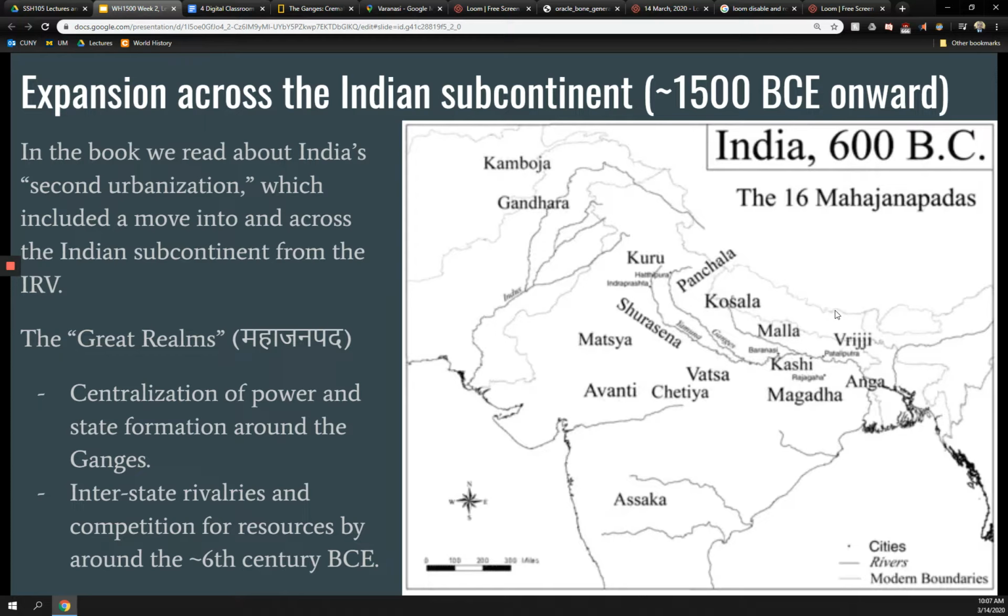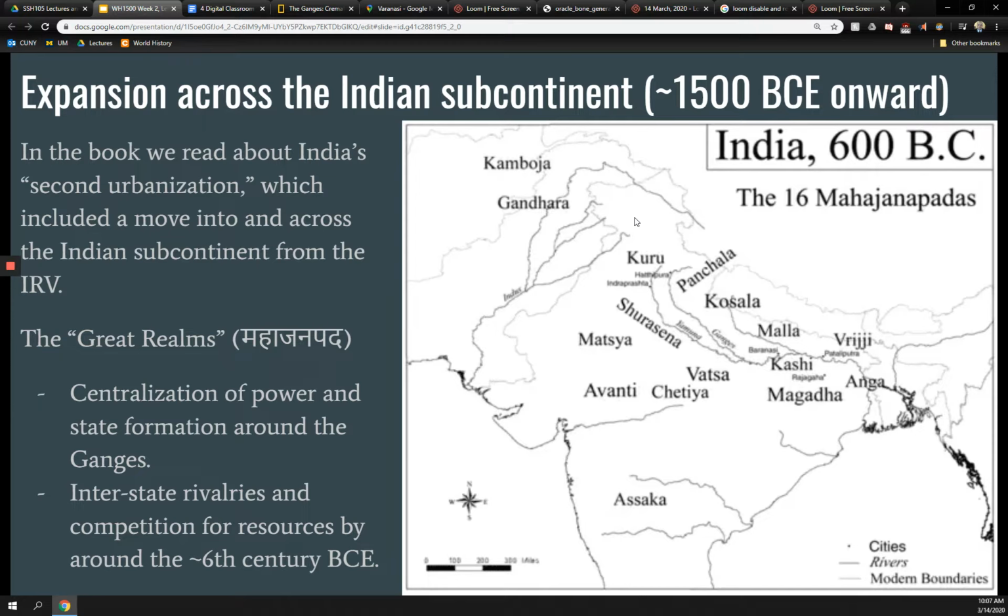As a part of this formation of Ganges civilization, we see a lot of states, city-states or kind of broader statelets called Mahajanapadas, which means these great realms. And we have some of them labeled here. There are 16 great realms in 1600 BCE, and these are realms that are at war with each other or at rivalry and competition at various times in their history.